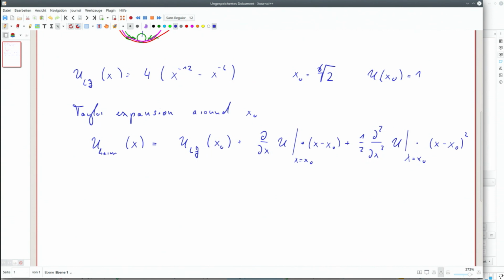But if you stop here, that is what we call the harmonic approximation.